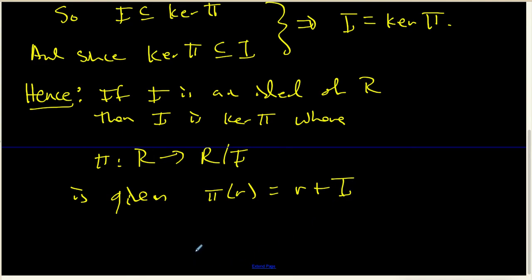Now, there are a couple little things that I want to make a note of before wrapping this particular video up. The first one is a vocabulary thing.